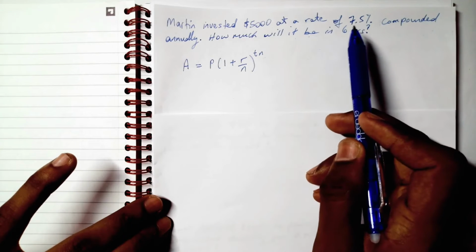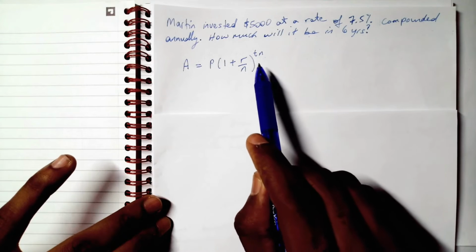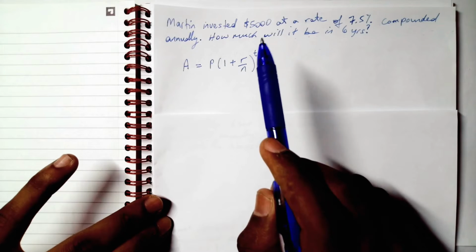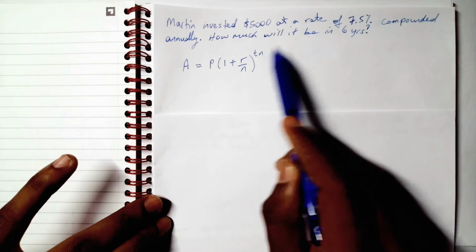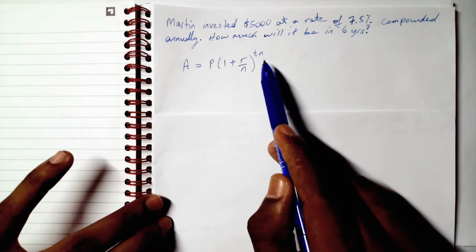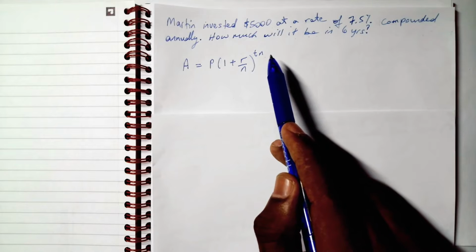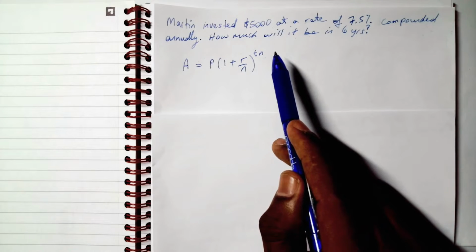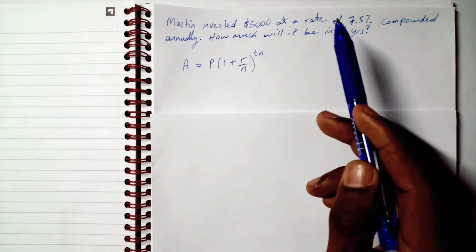But t will be 6. I don't want you to get flustered with not knowing what n is, because you will understand it clearly in the next couple of examples.